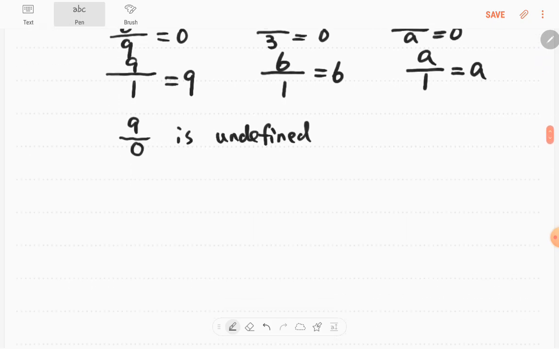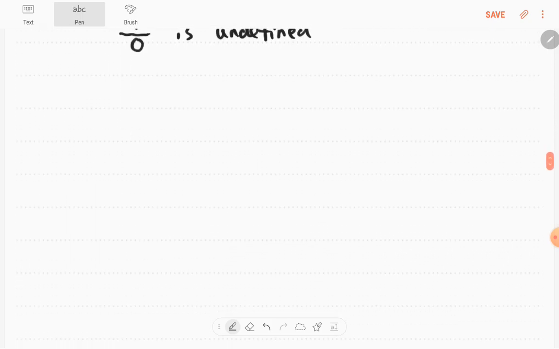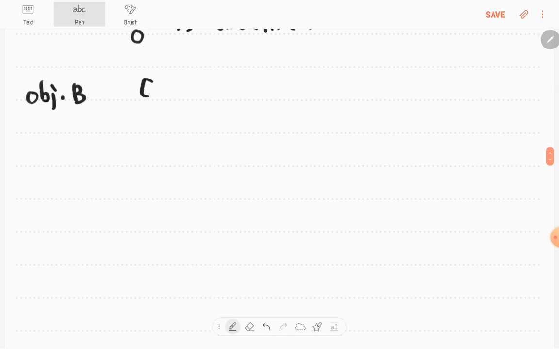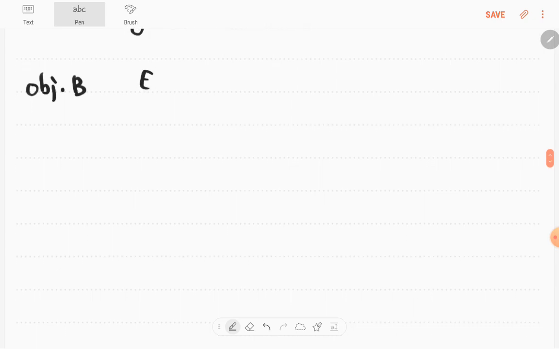Now let's move on to objective B. We should write the equivalent fraction. So let's check example 7 in the book.